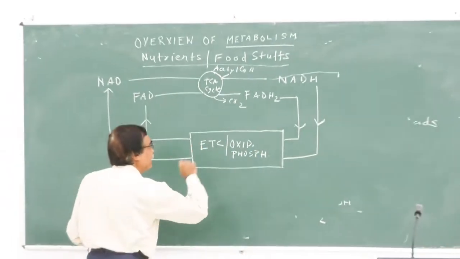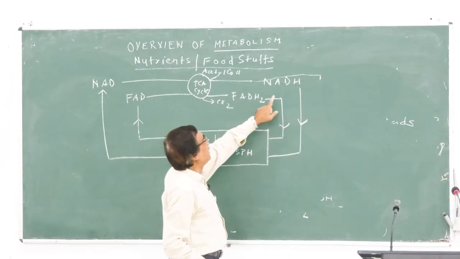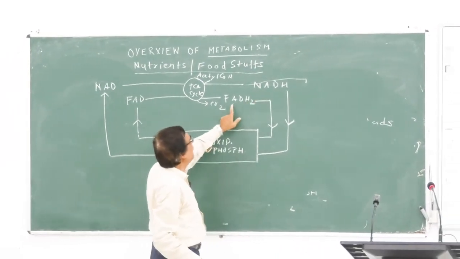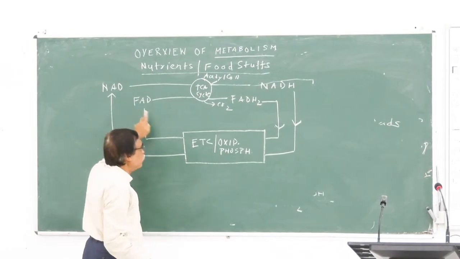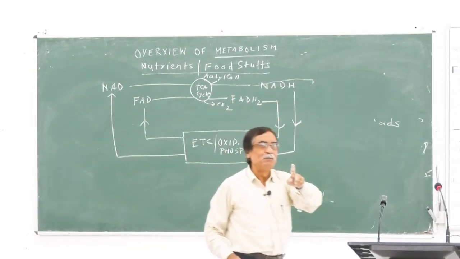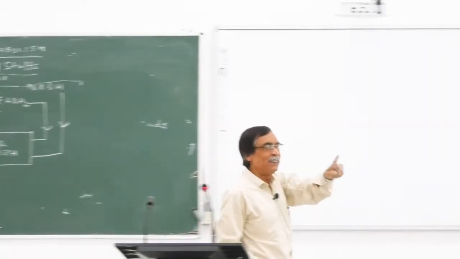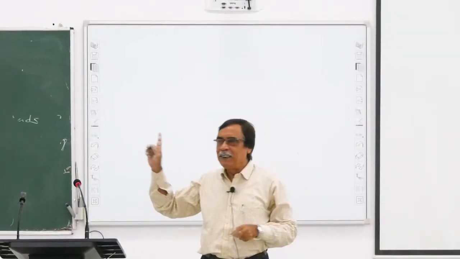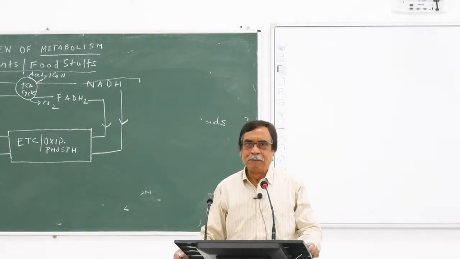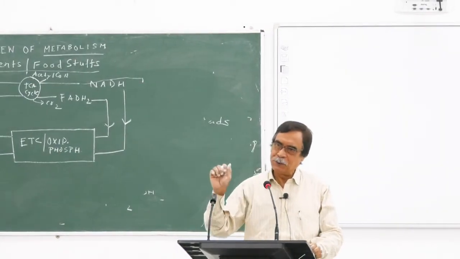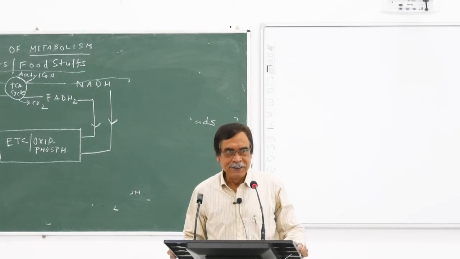Now the question is, when NADH and FADH2 get oxidized to NAD and FAD, which one gets reduced? যখন NADH এবং FADH2 reoxidation হবে, তখন somebody gets reduced. Which one?